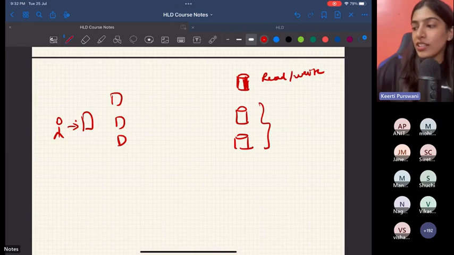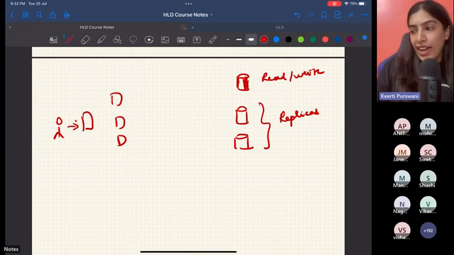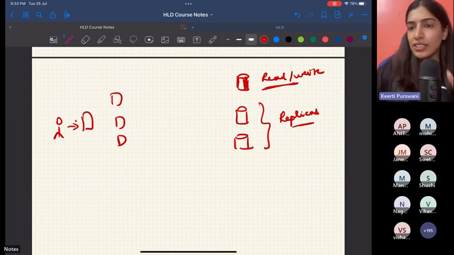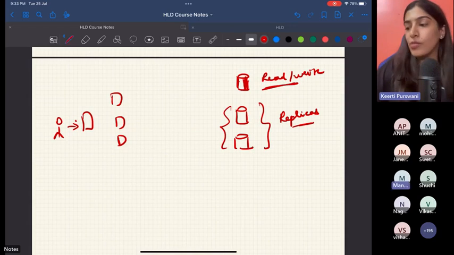These two DBs are doing nothing. They are just the replicas. Replicas meaning they are just the copies. You could actually do reads from there, or reads and writes both. But let's take the example that for now this DB is taking care of read and write, and the other two are just replicas. So this is one way to go about it.